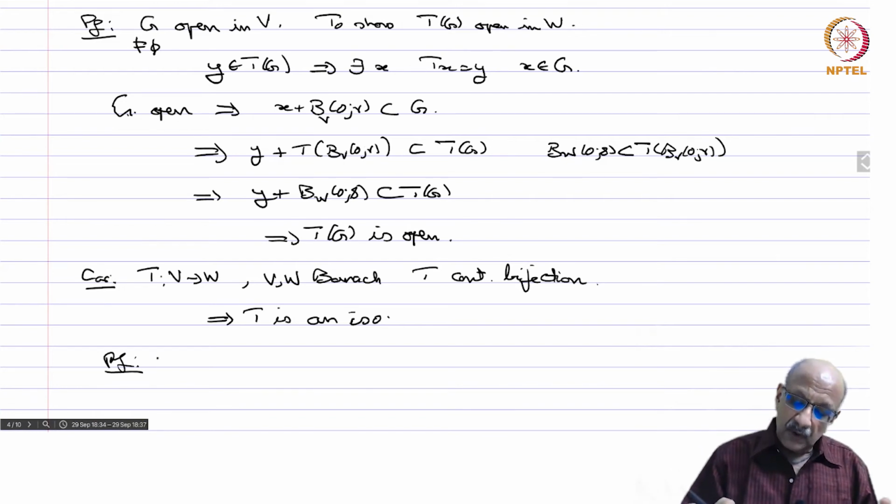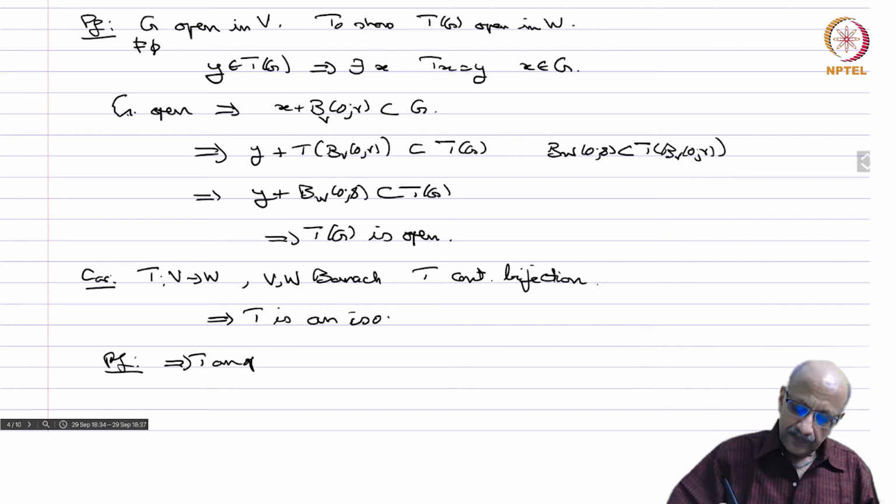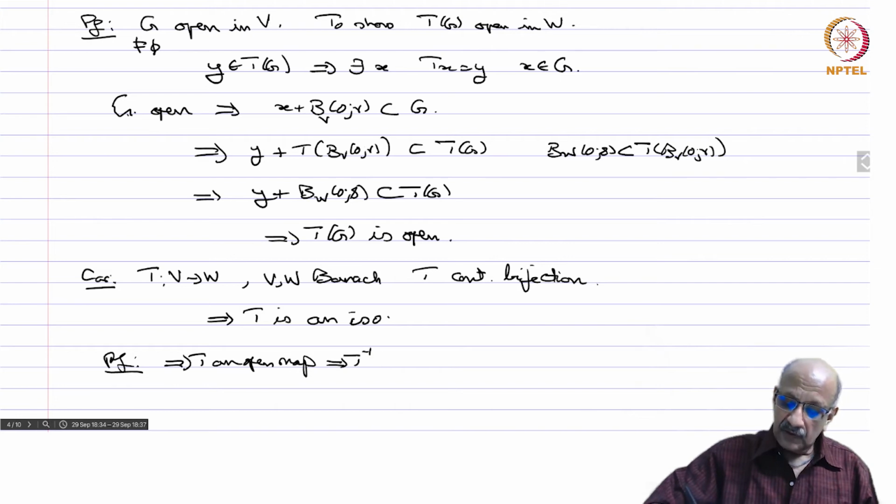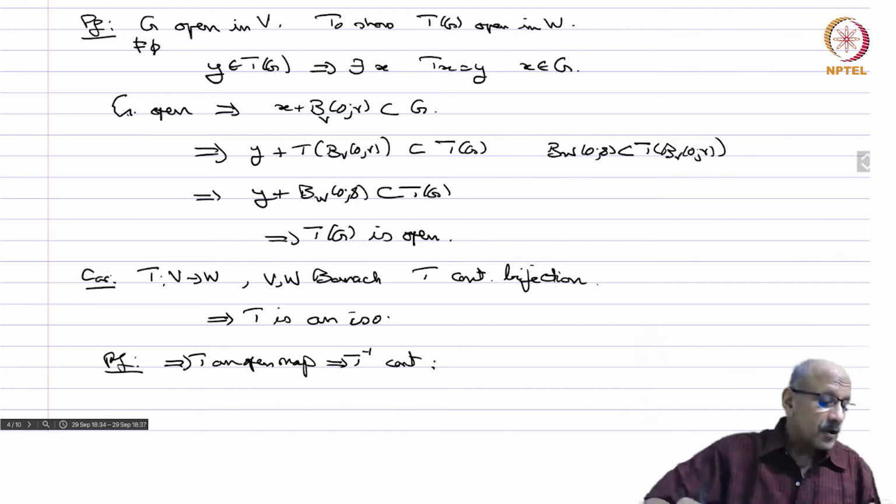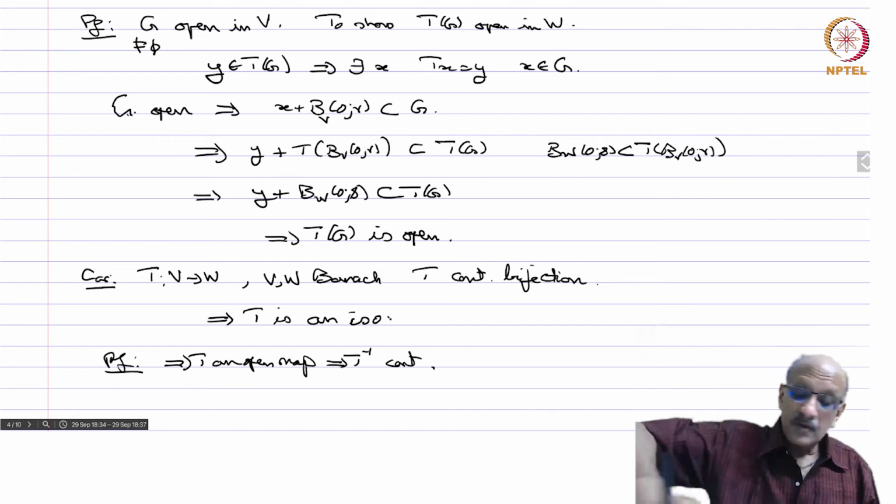So V and W are Banach, T is continuous and it is a bijection, so it is onto. So this implies that T is an open map, and this implies that T inverse is continuous. Therefore, it's an isomorphism. So that's just that.